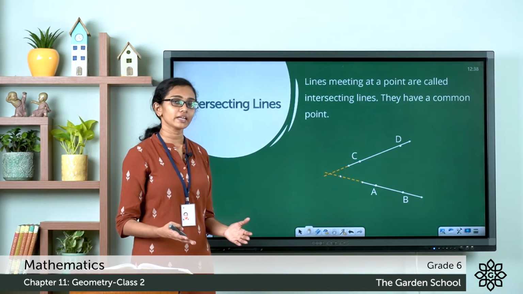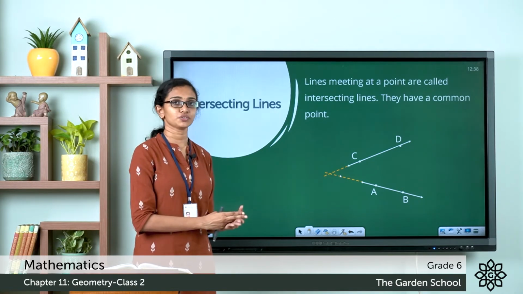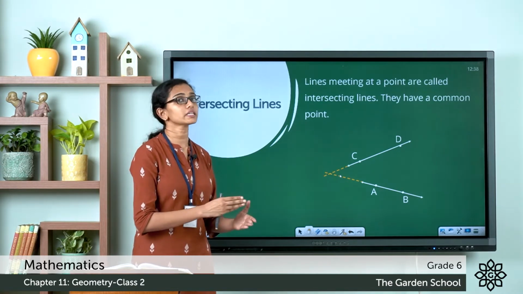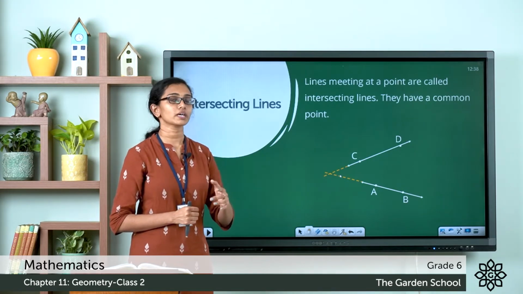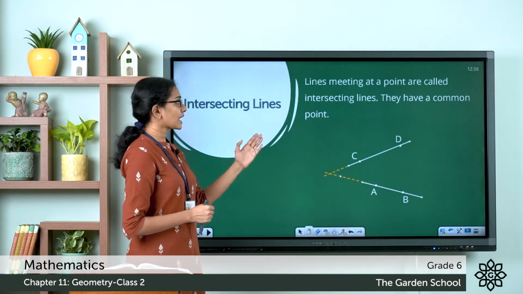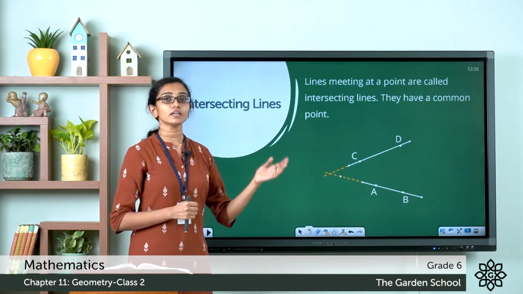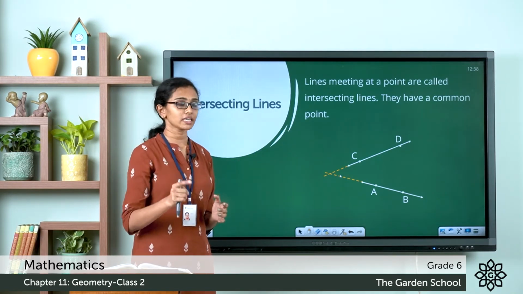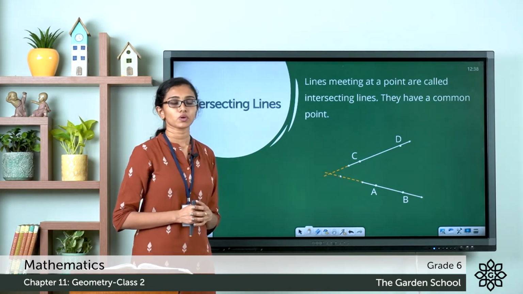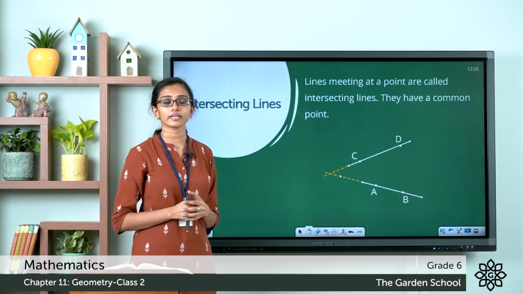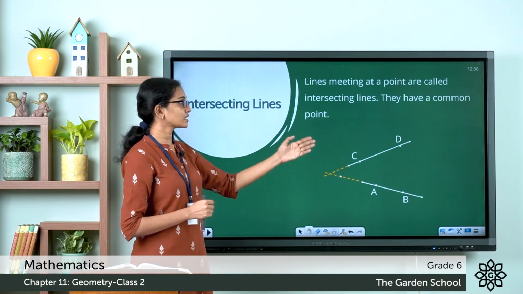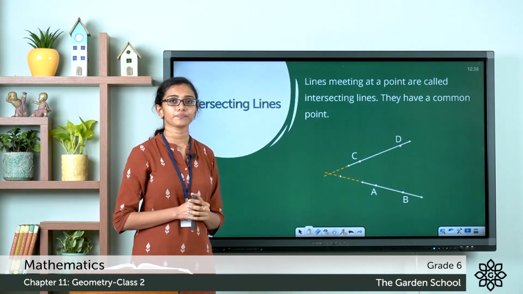So, when you have lines that will meet each other, those lines are called intersecting lines. Lines meeting at a point are called intersecting lines. Where they intersect will be a common point for these 2 lines. So intersecting lines have a common point.